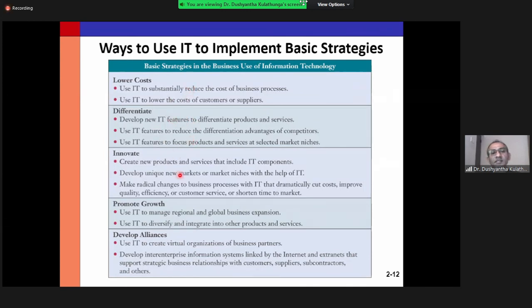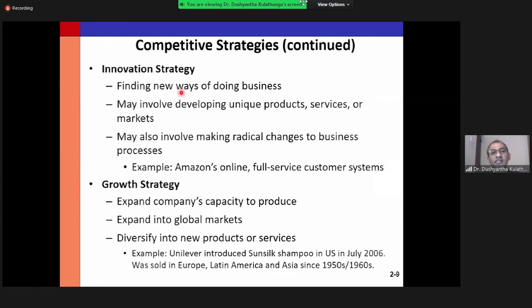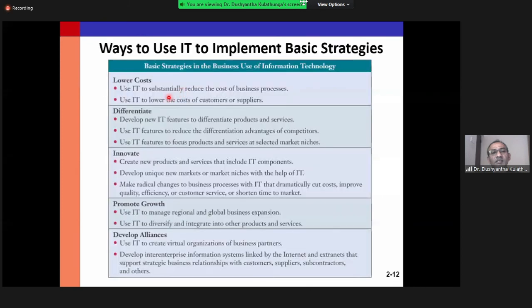Now, these particular activities are the ones which we have highlighted under each strategy. So basically we say we can use IT to support the particular sub-strategy. There can be some new aspects here and there, but generally the focus is there. Now, use IT to substantially reduce cost of business operations, IT to lower cost of customers and suppliers.